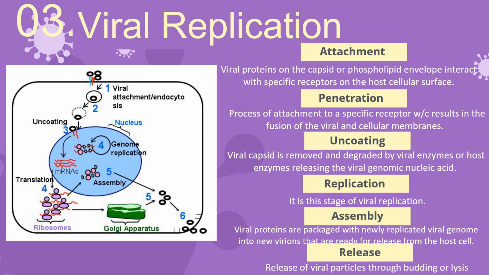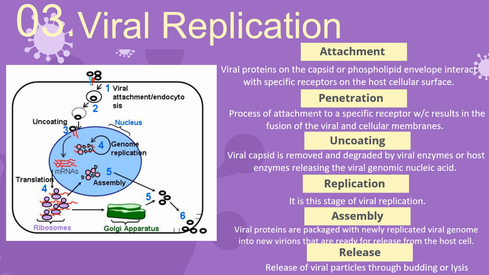So, during attachment, the viral proteins on the capsid or phospholipid envelope interact with the specific receptors on the host cell surface, or endocytosis happens. So, the specificity determines the host range or tropism of the virus.